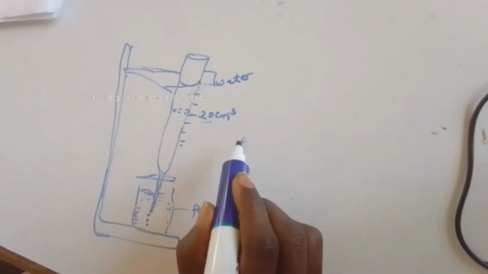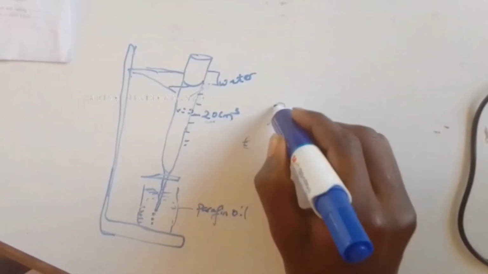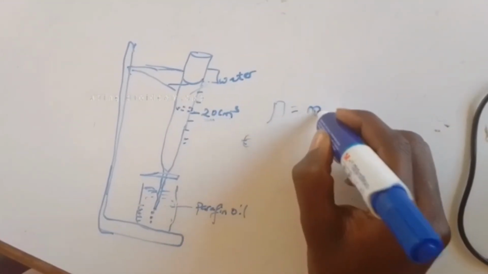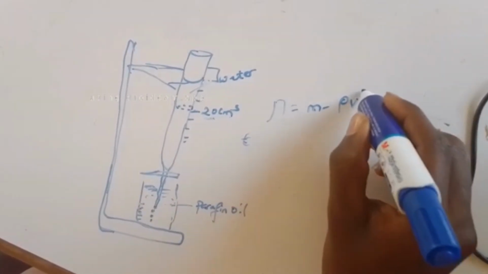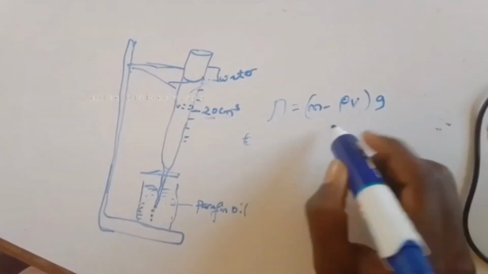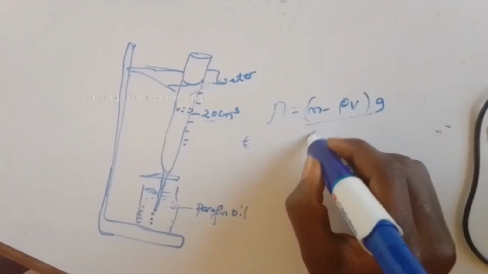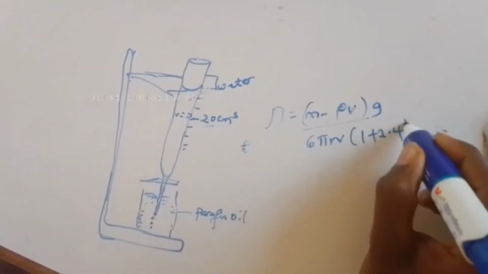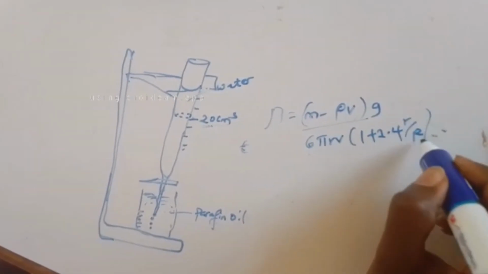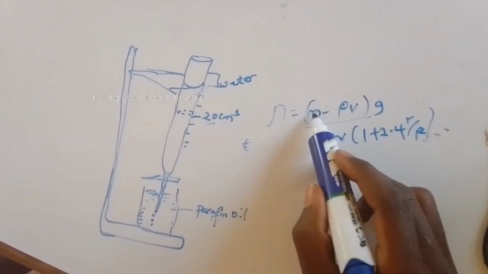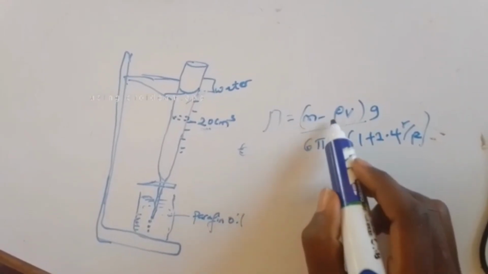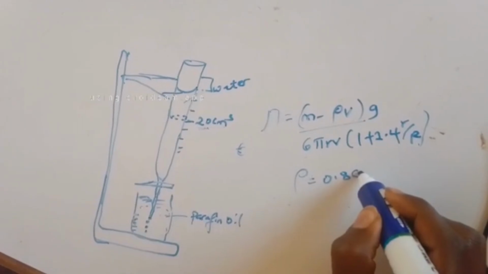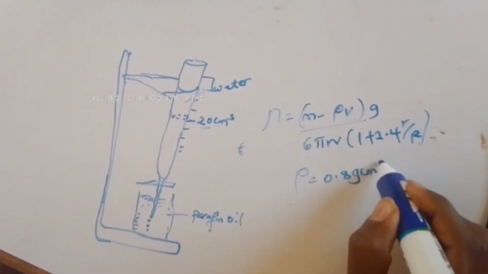Okay, I want you to consider this formula of Stoke's law of finding its coefficient. We said that eta is equal to m minus the density, then you divide by 6 pi r v in bracket 1 plus 2.4 r over R. Consider this one down, where m is the mass of the average drop, then rho is the density of oil, whereby our rho is given by 0.8 grams per cubic centimeters.